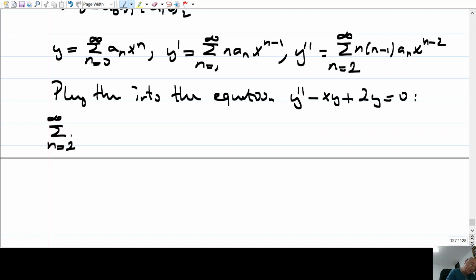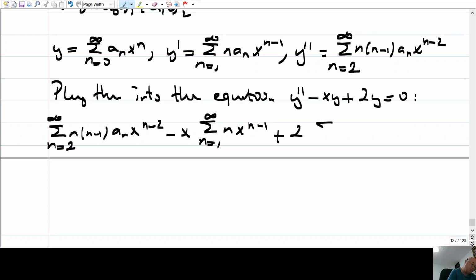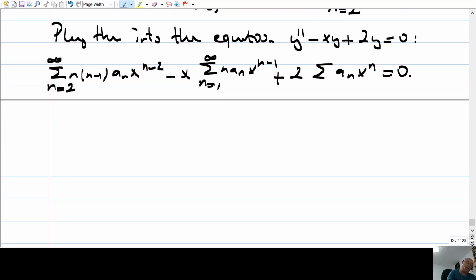The sum from n equals 2 to infinity of n times n minus 1 times a_n x to the power n minus 2, minus x times the sum from 1 to infinity of n a_n x to the power n minus 1, plus 2 times y. Here I have to be careful. Yes, n times a_n times x to the power n minus 1 and 2 times a_n times x to the power n, and they all add up to 0.